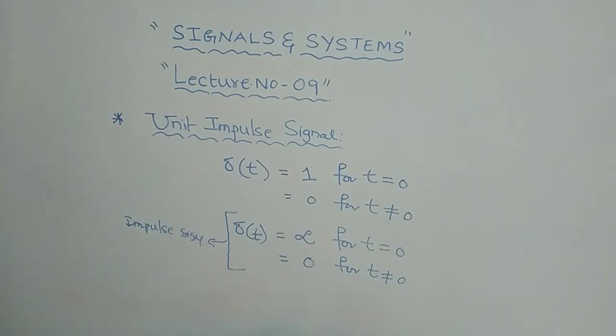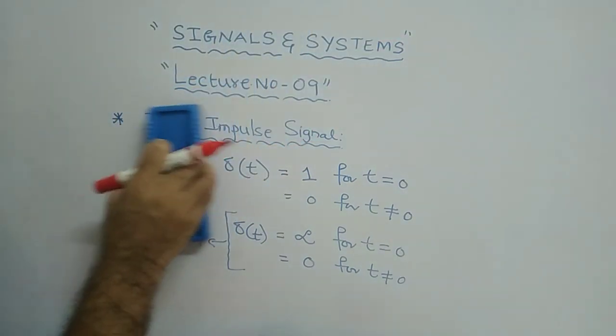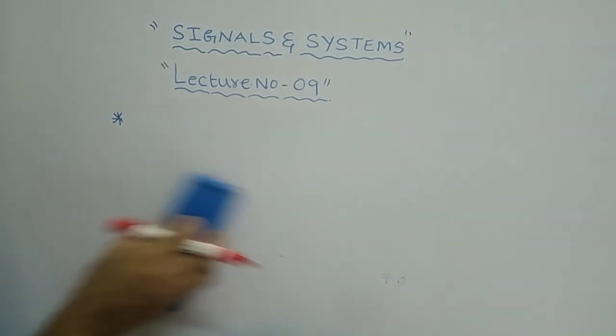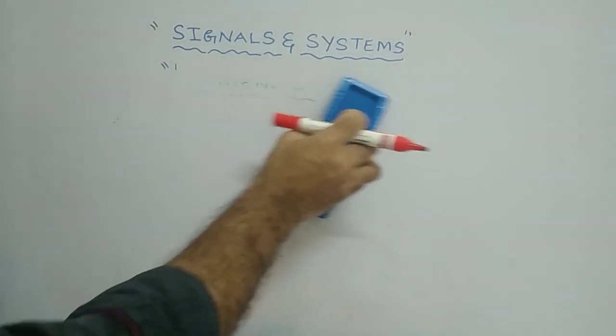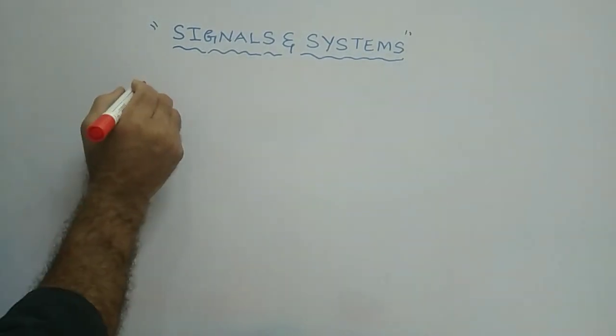Now, the graphical representation of the unit impulse can be shown as follows.